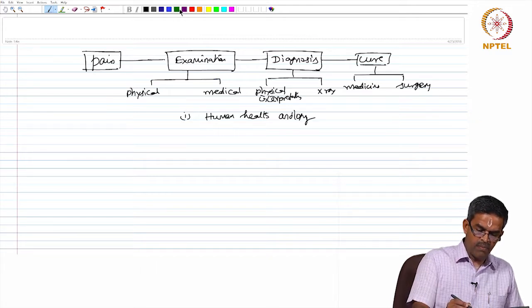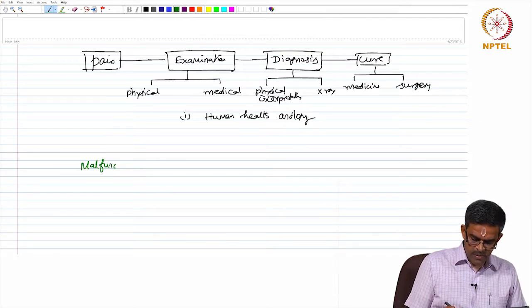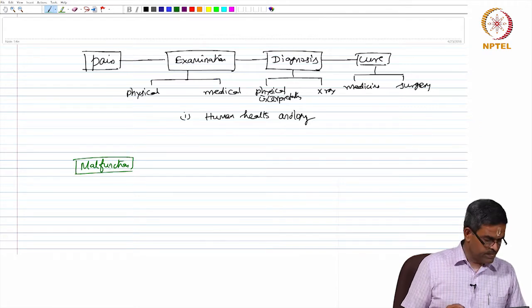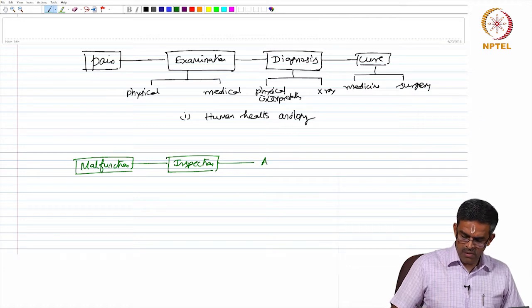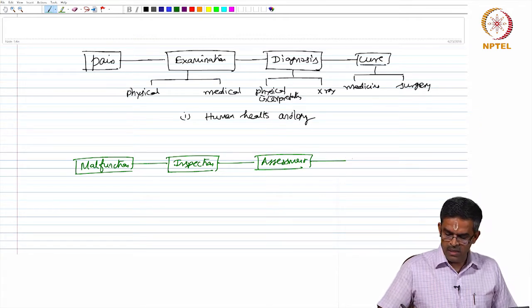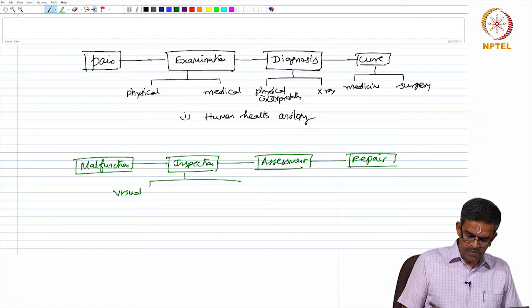Let us compare the same with structural health. Whenever there is a malfunction in the operation, the structure needs an inspection. This inspection leads to detailed assessment of the recorded values and detailed analysis, it may then lead to repair. This inspection can be visual inspection, it can be vibration based measurements, it can be embedded technologies.